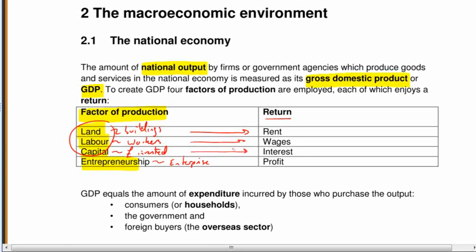We don't talk too much about dividends in the world of economics, so the reward for capital is interest. So imagine someone has lent money, and the reward for enterprise or entrepreneurship is profit. So the entrepreneur will have to pay these other things out first. He'll have to pay rent for his building, he'll have to pay wages to his workers, he'll have to pay interest on his debt. What he's got left is his profit.